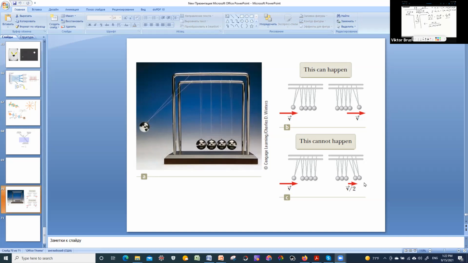From the point of view of linear momentum conservation, this is a possible scenario. We can consider that the mass of each of these balls is equal. So we have m times v, and then let's have two balls instead of one. It will be 2m, and we can just reduce the velocity by half, so it will be v divided by 2.